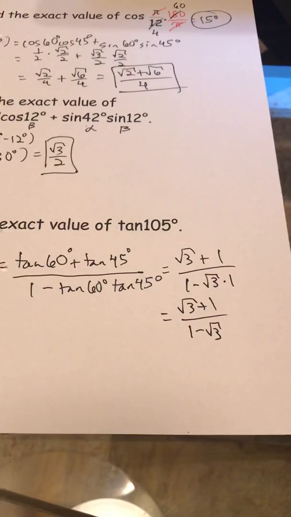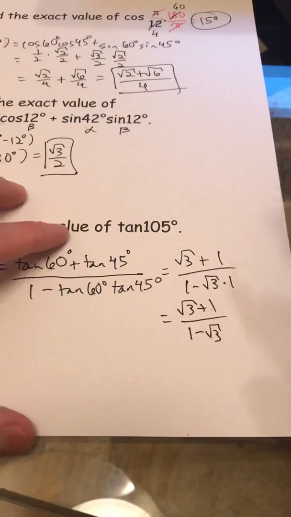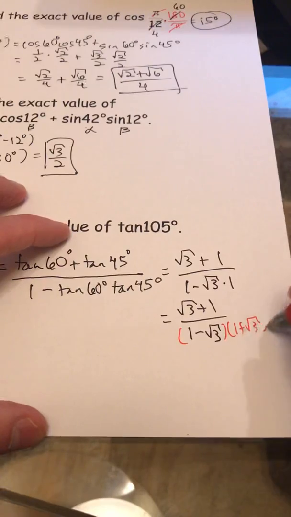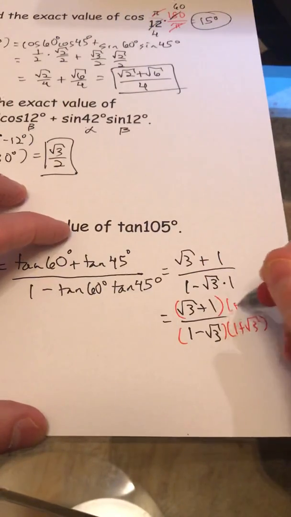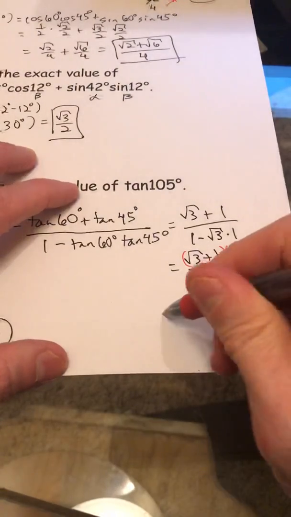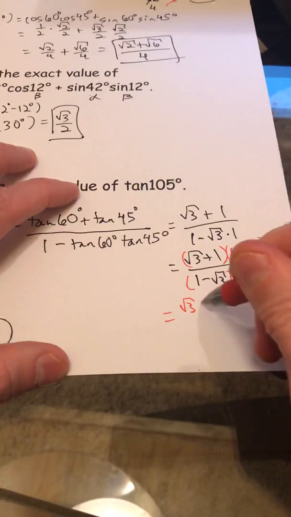Well, here is the bad news. We have a radical in our denominator. We do have to rationalize using the conjugate. The conjugate of 1 minus radical 3 is 1 plus radical 3.